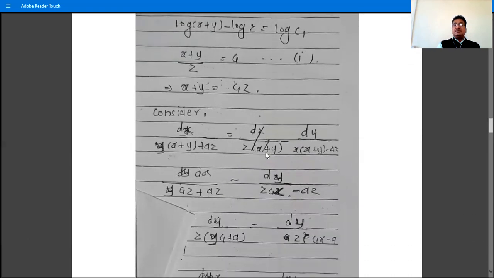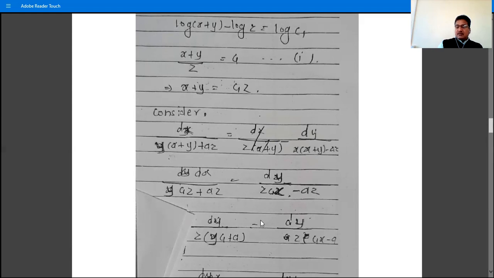Consider the first ratio and third ratio. So what happened? We substitute x plus y as c1 z. So dx divided by c1 z plus az, and dy divided by z times the bracket, c1 x minus az.